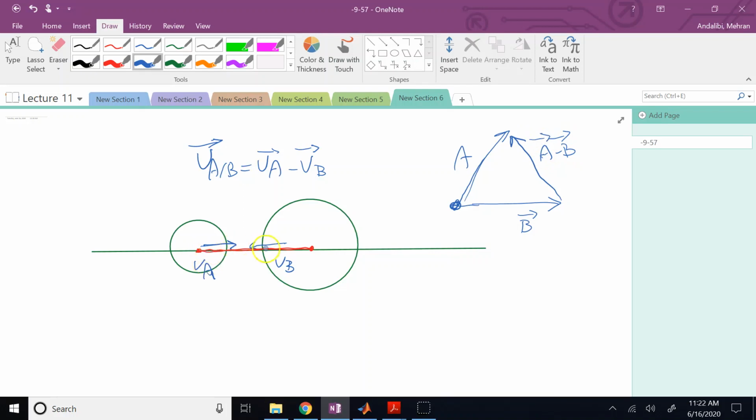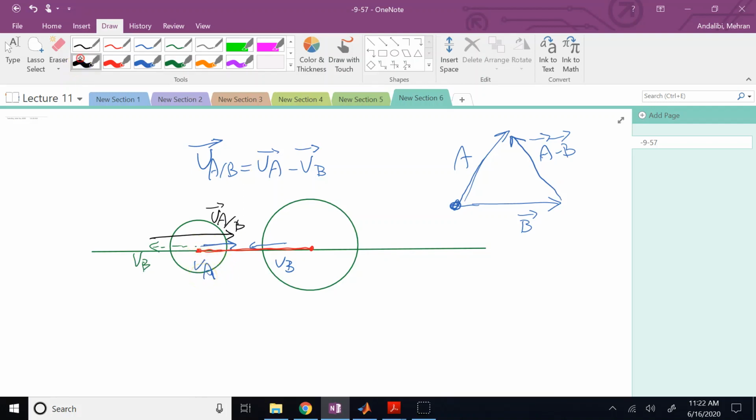So here, if I draw both of them from the same point, so that is A, this is B. If I bring V of B here, then connecting the end of B to the end of A, like this, this is V of A with respect to B, and this is VB, and the origin of it is the same as the origin of VA.